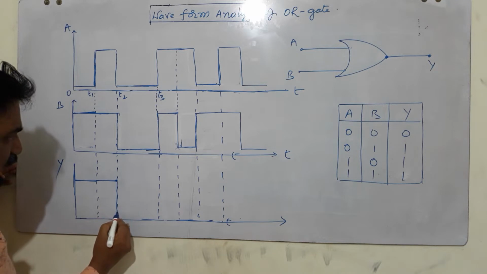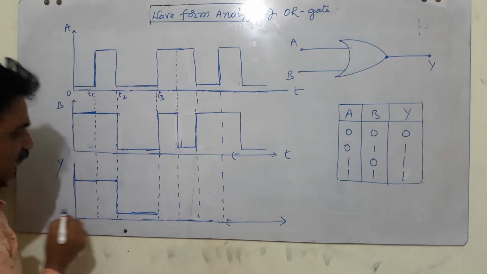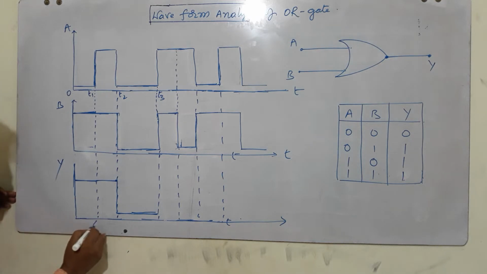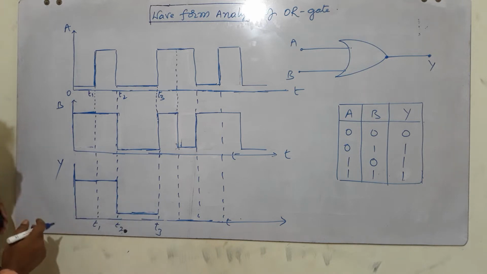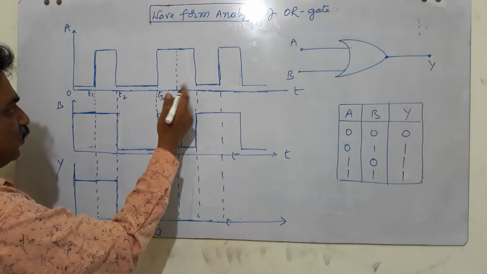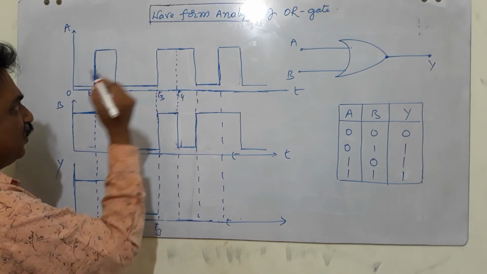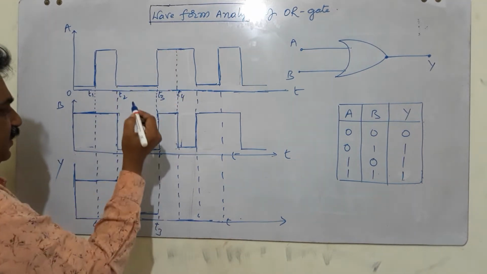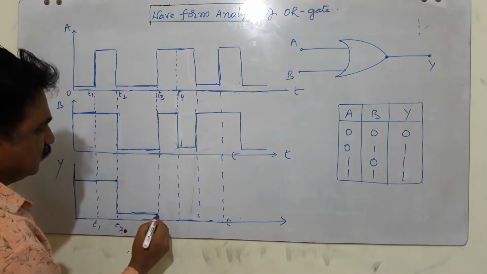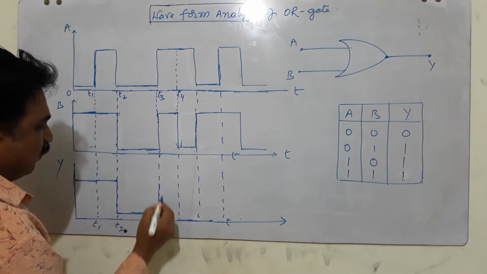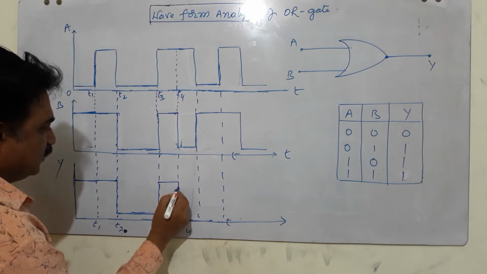So, here you have to take the waveform like this from T2 to T3. Now from T3 to T4, A is high and B is also high. So from T3 to T4, the output is high.